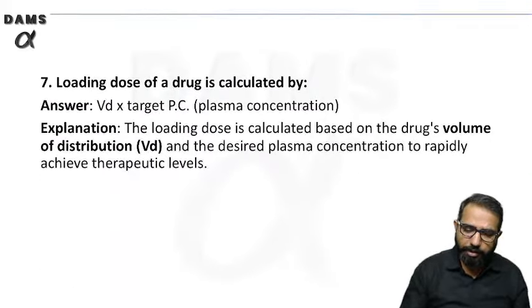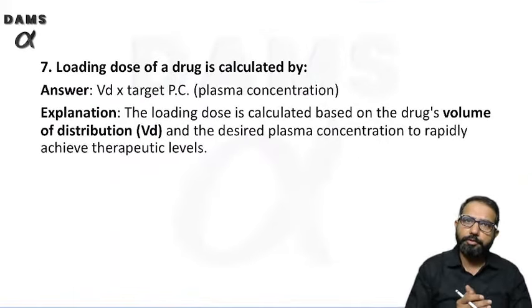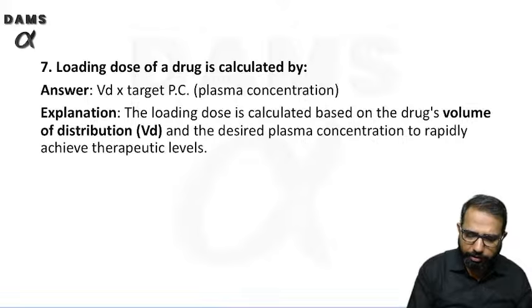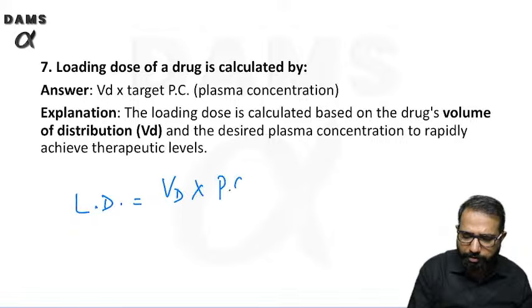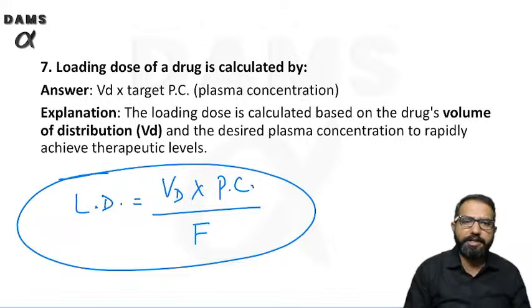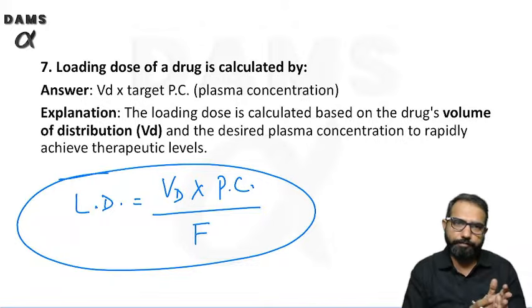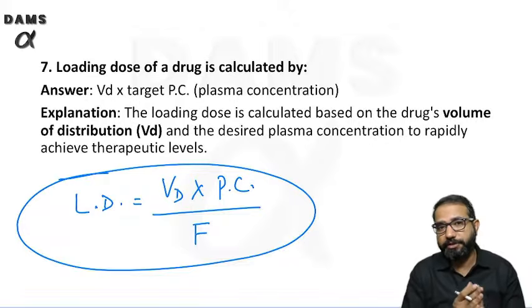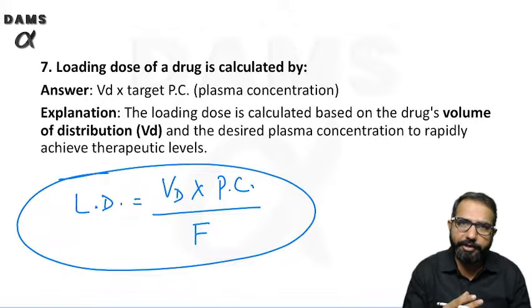So it will be out of the plasma. So loading dose depends on volume of distribution, target plasma concentration, and obviously it also depends on fraction, that is bioavailability, the fraction of drug reaching the systemic circulation. So that is a bioavailability parameter.